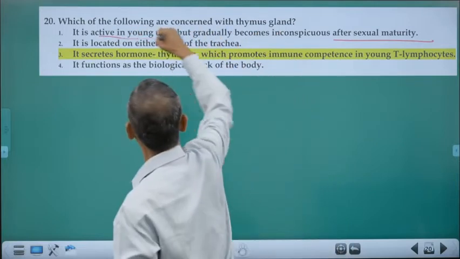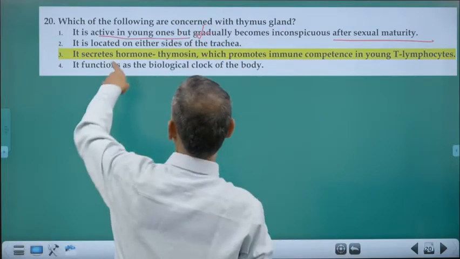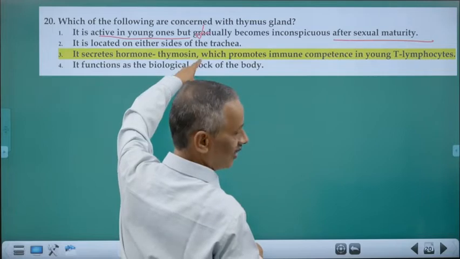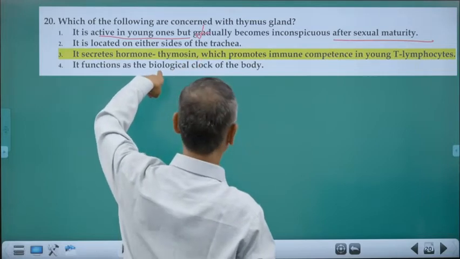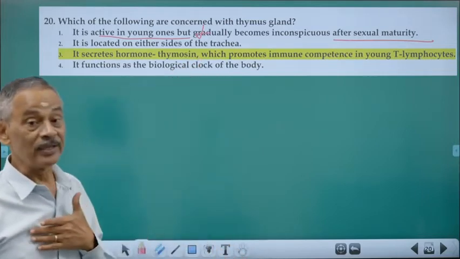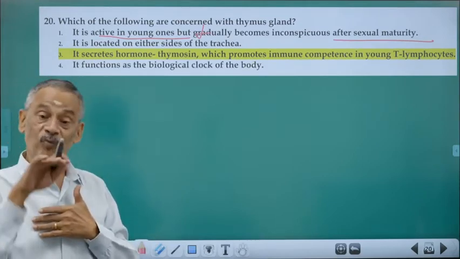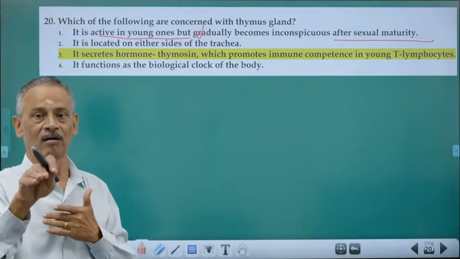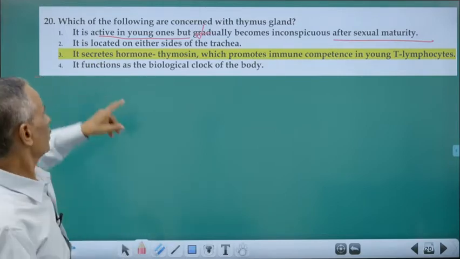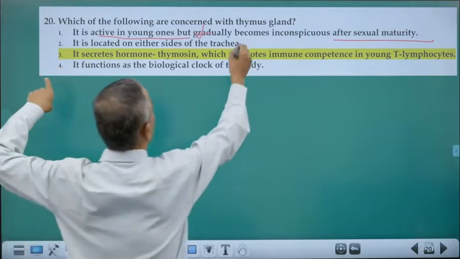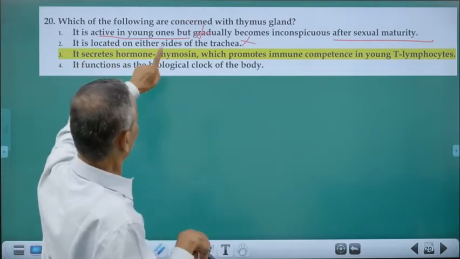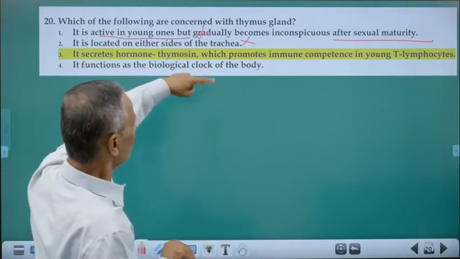No. It is located on either side of the trachea. No, it is thyroid. This is located in between the heart and the sternum. So it is ventral to the heart and aorta. It secretes hormone thymosin, correct, which promotes immune competence.